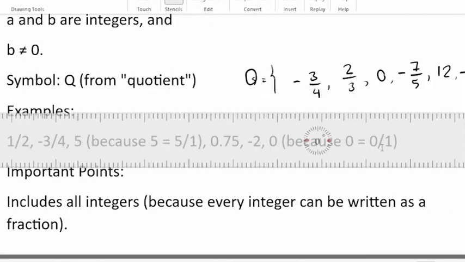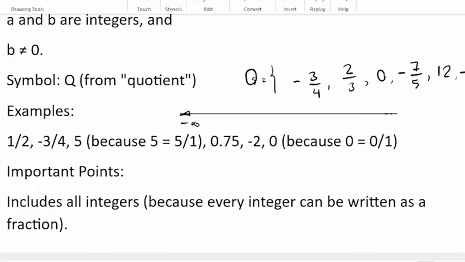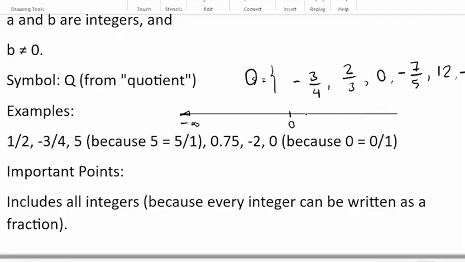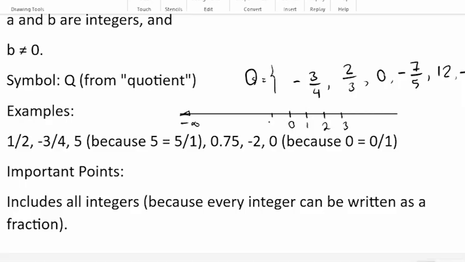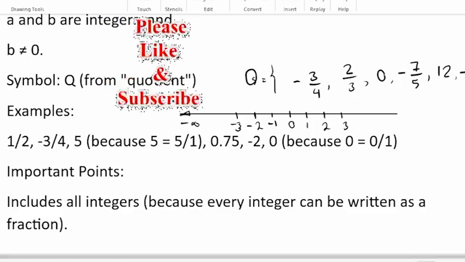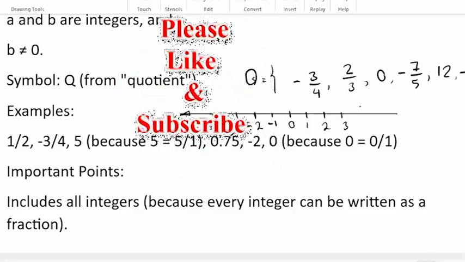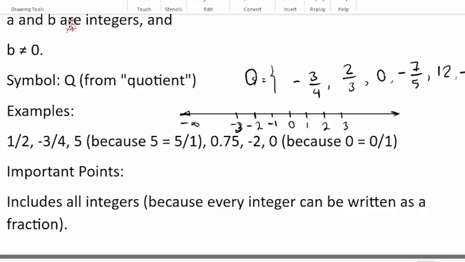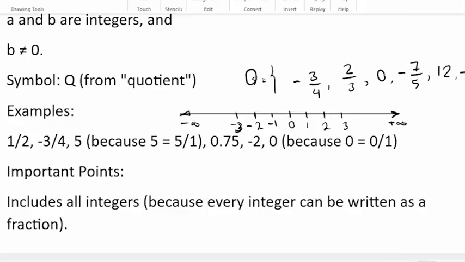For example, minus infinity, here 0, 1, 2, 3. This part minus 1, minus 2, minus 3, and continue to positive infinity.